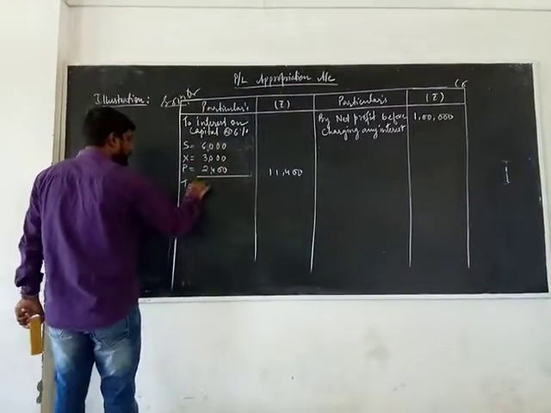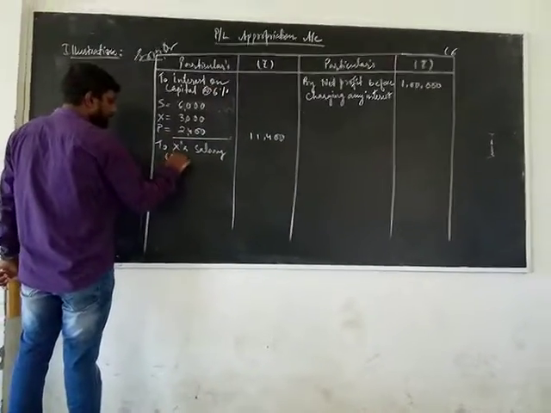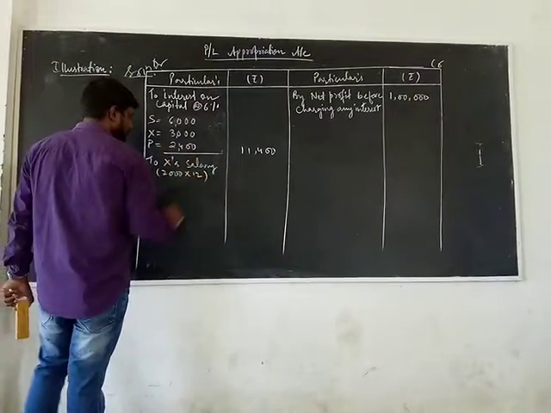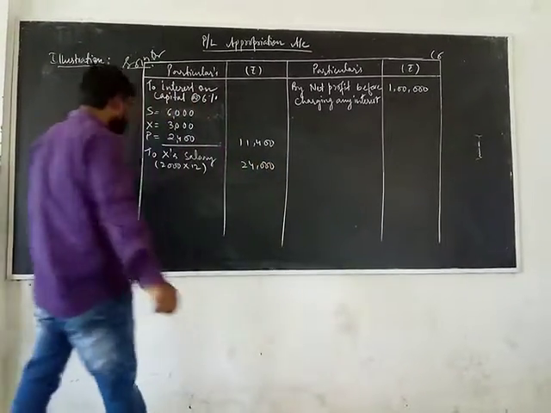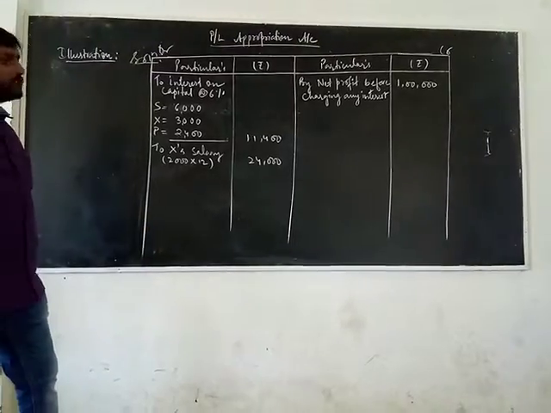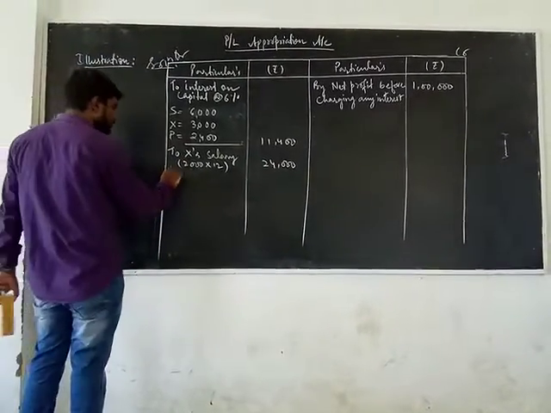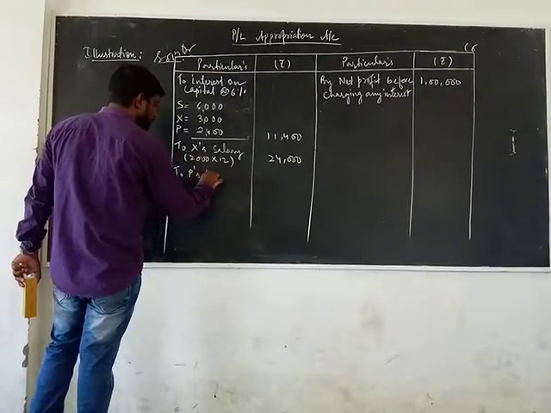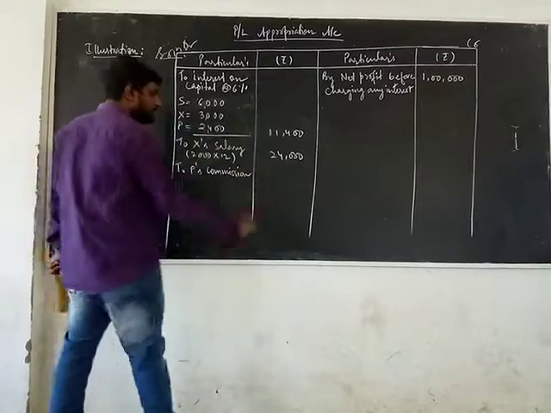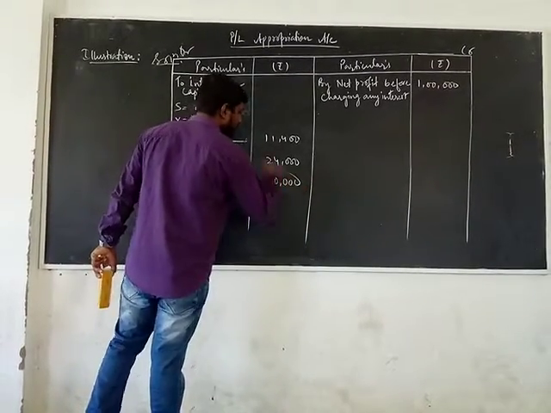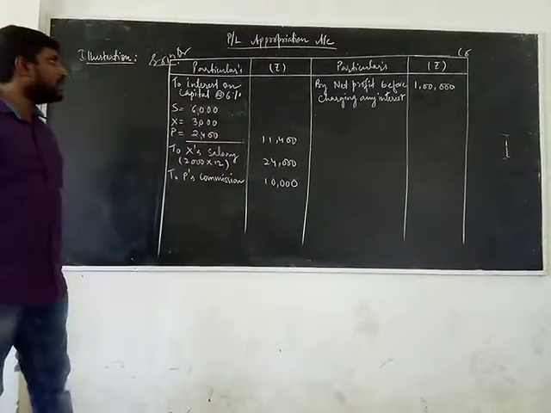To X salary, 2,000 into 12, so it will be 24,000. 24,000 has been given to partner X. Next, to P's commission. How much? Rupees 10,000. Understood? No other item was there.